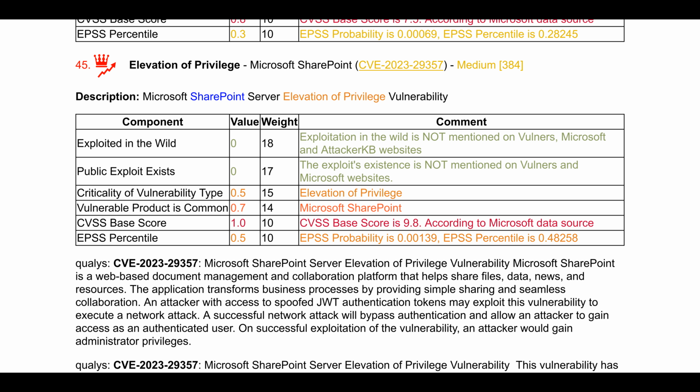Elevation of privilege in Microsoft SharePoint, CVE-2023-29357. This bug was one of the bugs chained together during the Pwn2Own Vancouver contest held back in March. A remote unauthenticated attacker can exploit the vulnerability by sending a spoofed JWT authentication token to a vulnerable server, giving them the privileges of an authenticated user on the target.